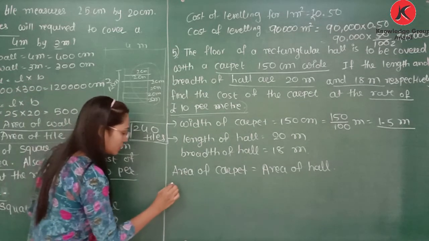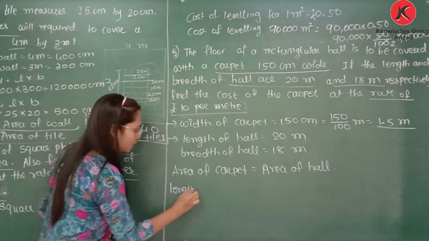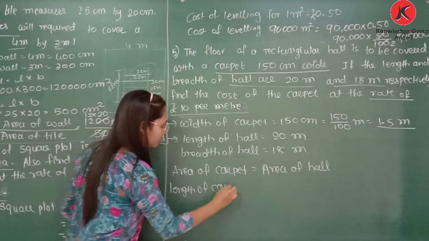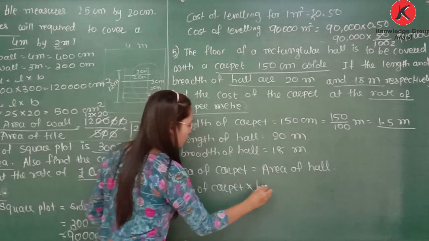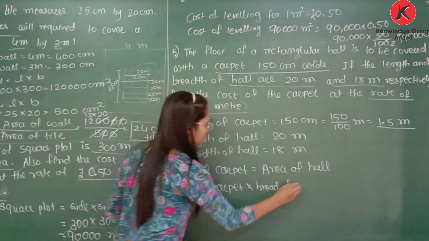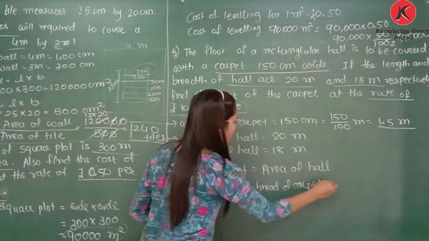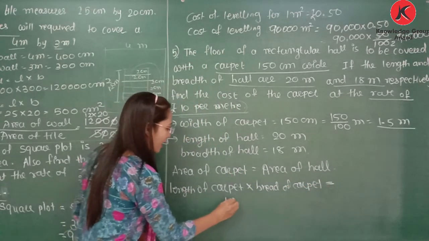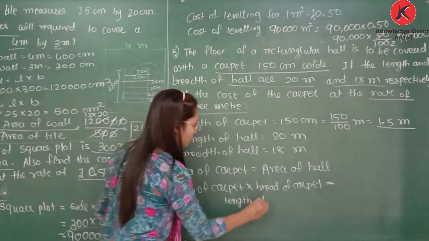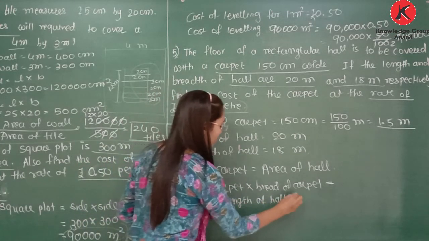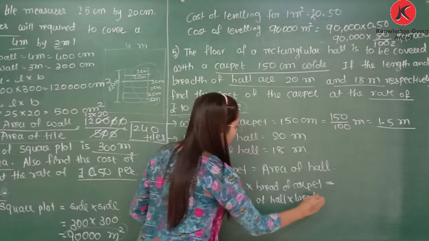So we can write length of carpet multiply breadth of carpet is equal to length of hall multiply breadth of hall.